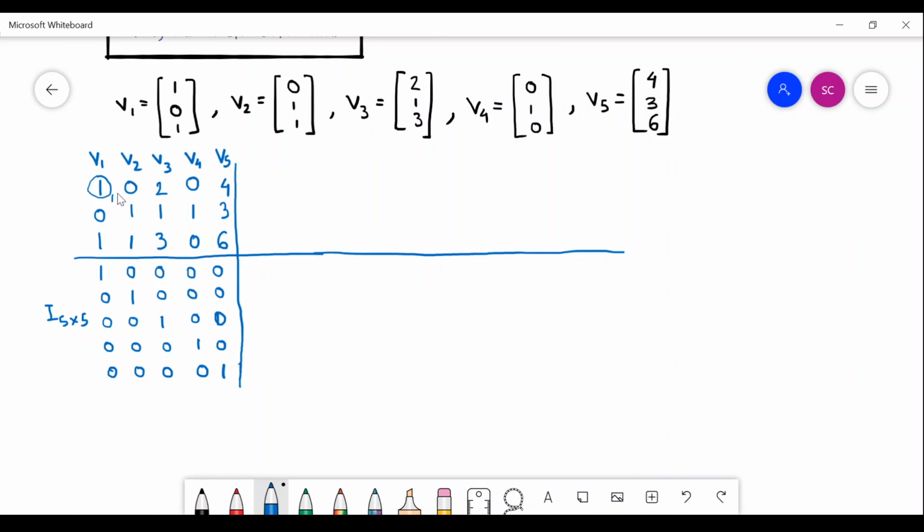You mark this because in the next step you will not be able to choose a pivot element from this row or this column. You have to change your pivot element to another row and another column. So that's why marking the pivot element is important, so that you don't make a mistake later on.